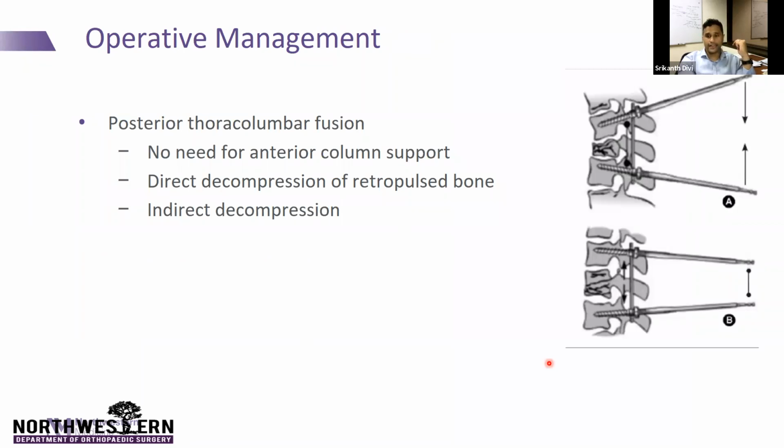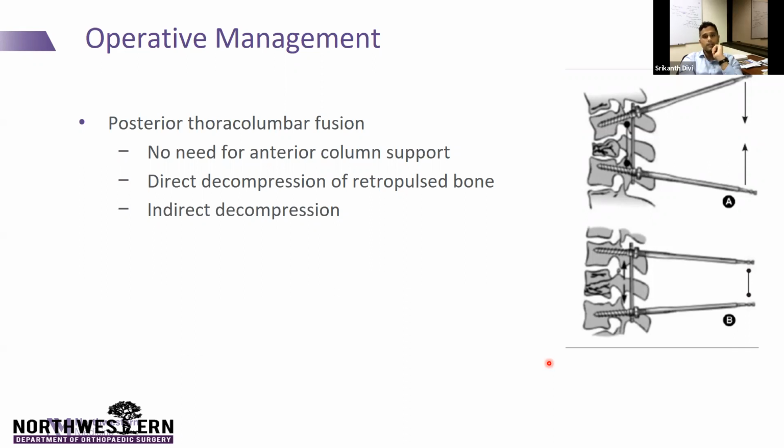Here's an example showing how to get distraction of a burst fracture. In the rest of ortho, if you think about relative stability, like bridge plating, that's kind of what you're doing here. You point the screws together, and then you distract up, and you can try to restore anterior column height.